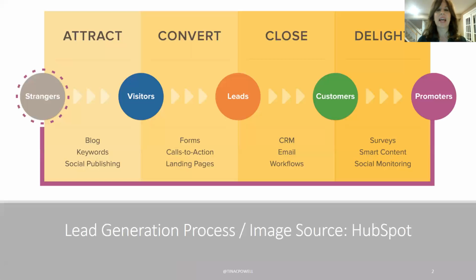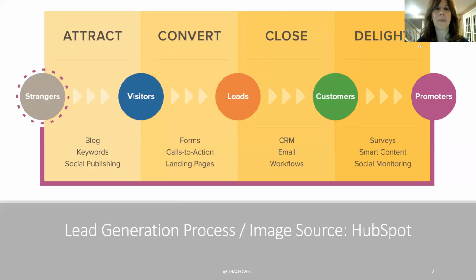If you look at it this way, I love this graphic from HubSpot. You look at what that lead generation process really looks like. We're taking strangers, AKA cold traffic, and converting them from visitors, and from visitors going to leads, from leads going to customers, and from customers going to advocates for our business.